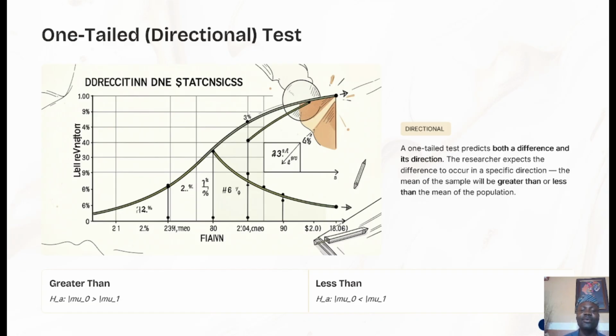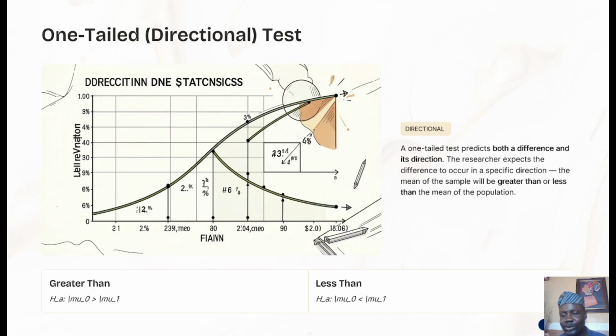For instance, now, let's say a group of students are doing after school assignments, and I want to state my hypothesis in a way that it will be a one-tailed test. I will say those who participated in the after-school program will have a higher achievement score compared to those who did not participate.